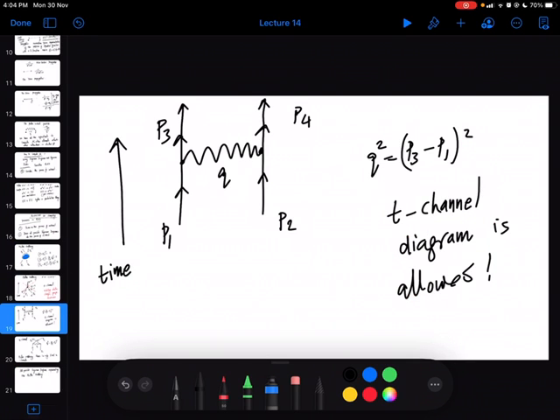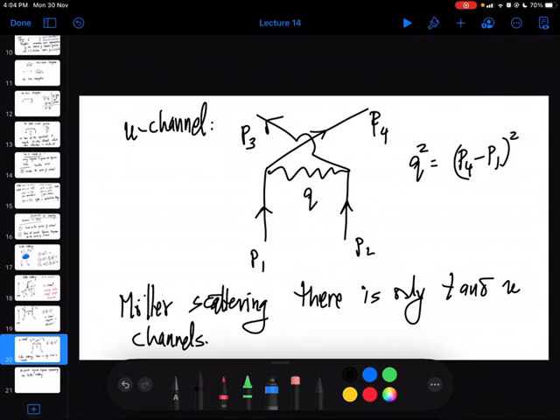So the next step, after drawing the diagrams, is to see how much each diagram contributes to the amplitude.